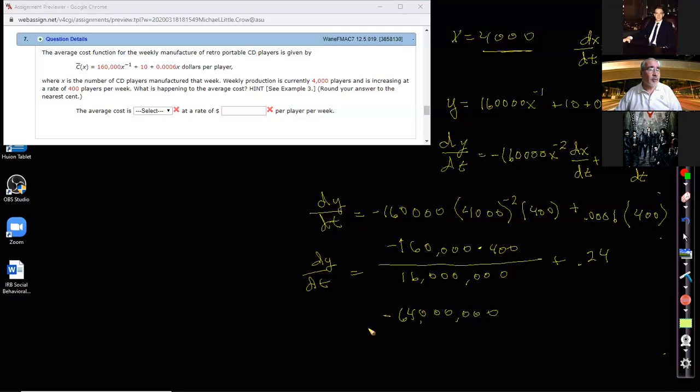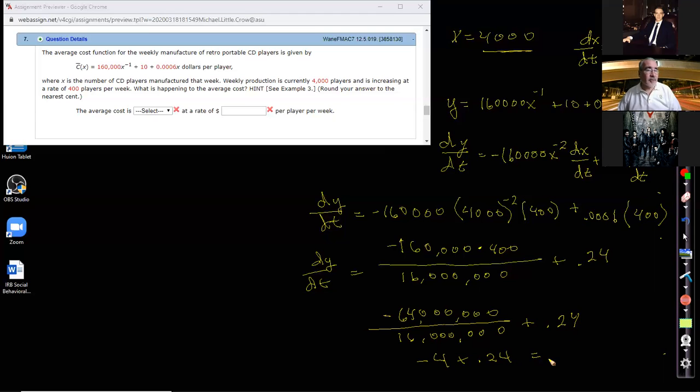These are nice at this point, all over 16 million. That's just going to be negative 4, right? Just to be sure, yes, this is negative 4. And it's 0.24.